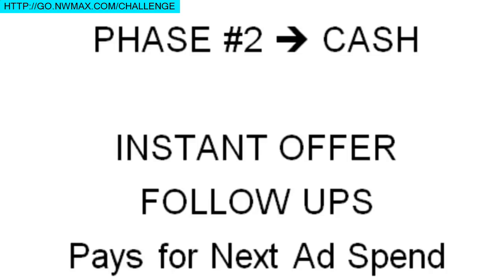Now, once you have all these subscribers, it becomes a lot easier to make money, because once you've grown your first 1,000, 2,000 subscribers, you're going to be making daily cash from them in follow-up emails and from affiliate commissions.